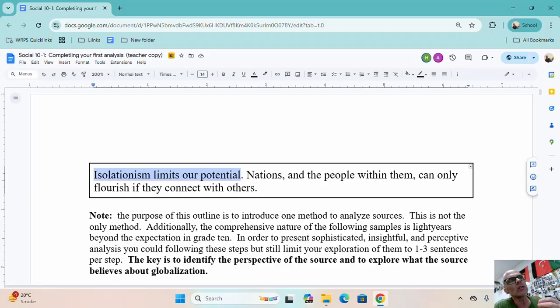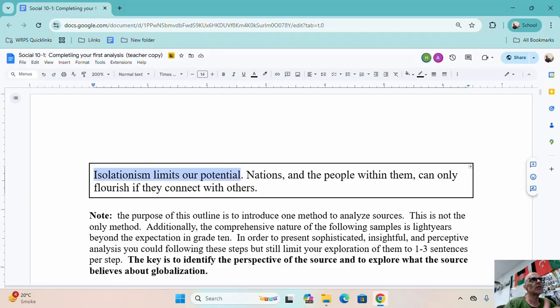Added to that, though, you could talk about opponents of the source. An opponent of the source might suggest that the claim that isolationism limits our potential is biased, is unjustified, and cannot be an absolute, right? That isolationism doesn't always limit our potential.